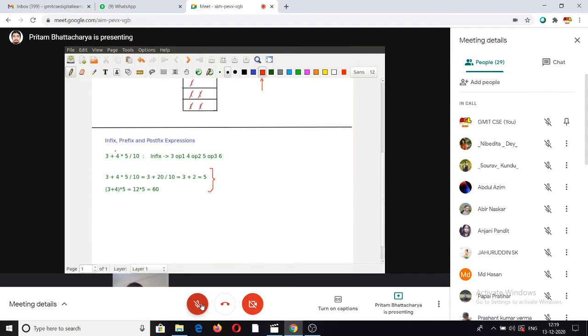So let me show you the postfix expression for 3 plus 4 into 5 divided by 10.